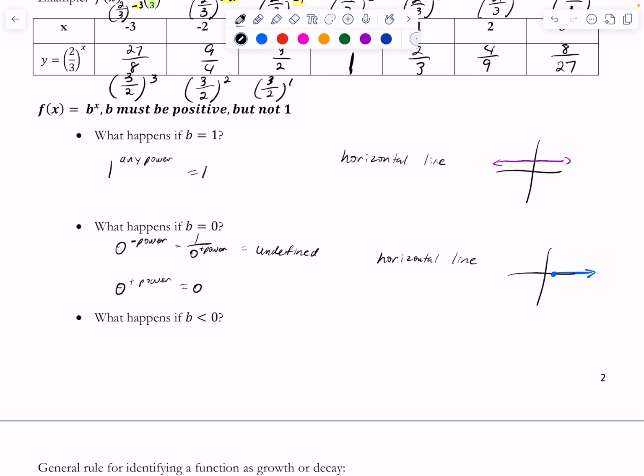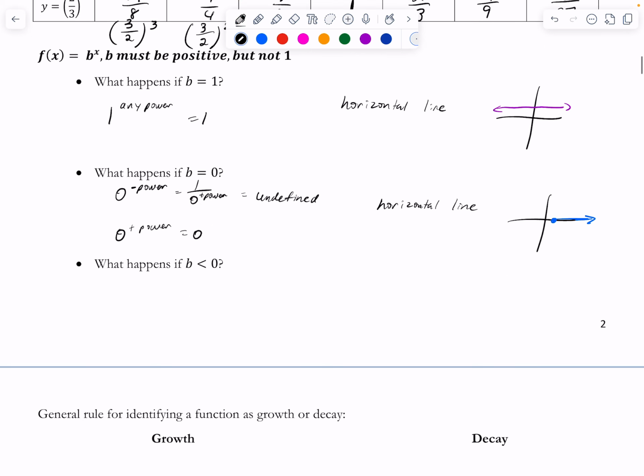All right, this last one here, what happens if b is less than 0? So we cannot have a negative base. So if we have an odd power, that means we're going to have a negative answer. And if we have an even power, then we're going to have a positive answer. And what happens is you end up getting this zigzag effect.